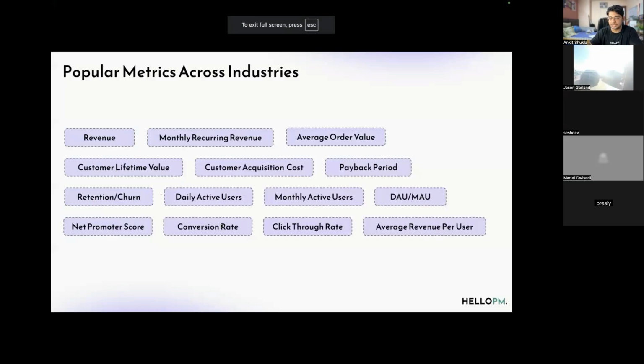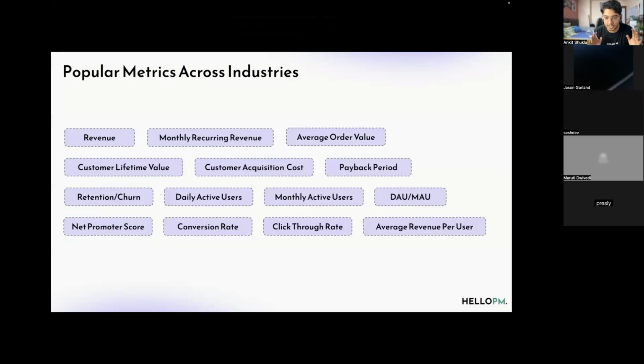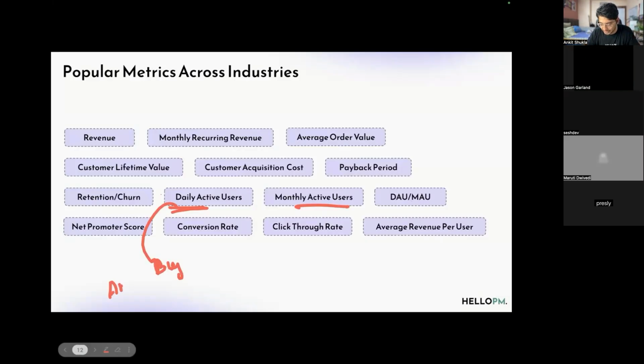we have daily active users and monthly active users. I have told you what daily active users and monthly active users are, but understand every company has a different definition of daily active users and monthly active users. For Amazon, someone who buys in a day or in a month is known as DAU or MAU.